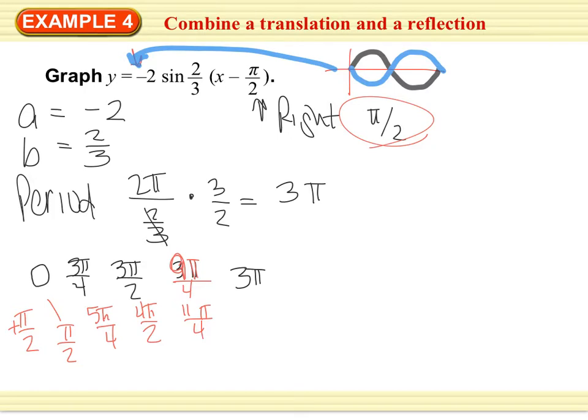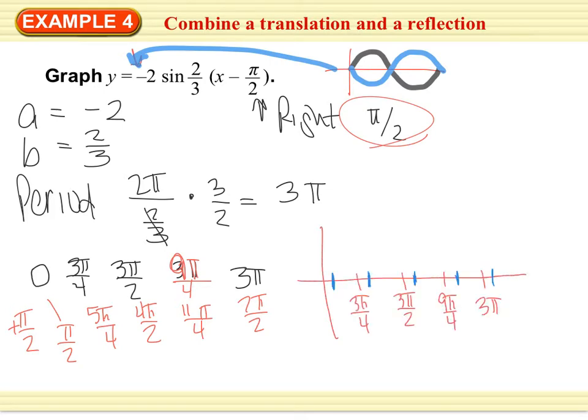And then 3π plus π/2 is 7π/2. So those are my 5 points. Okay, that gives a pretty good estimation of where I am going.